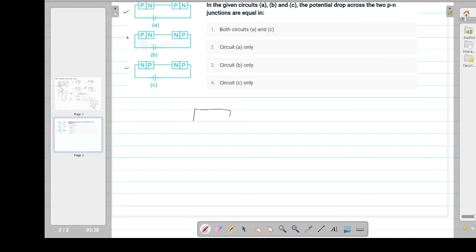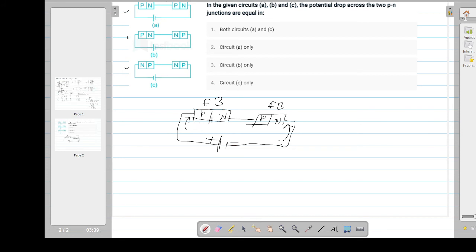See, in circuit A, P and N is there, and again there is a P and N. Here the positive terminal is connecting to the P side and the negative terminal is connecting to the N side. So this represents forward bias in both cases.